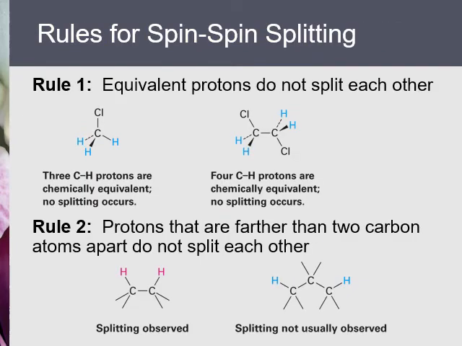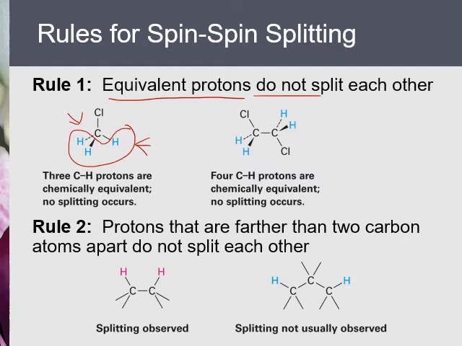Here are some rules for spin-spin splitting. Rule number 1, equivalent protons do not split each other. For example, in the first molecule, the carbon has 3 hydrogens that are all equivalent. These 3 hydrogens do not split each other, so you only see 1 absorption line for these 3 hydrogens.